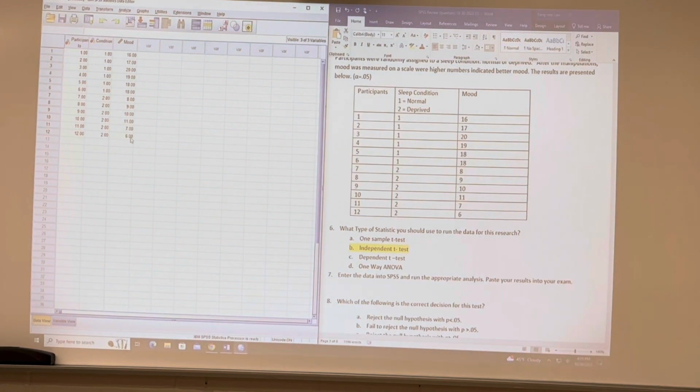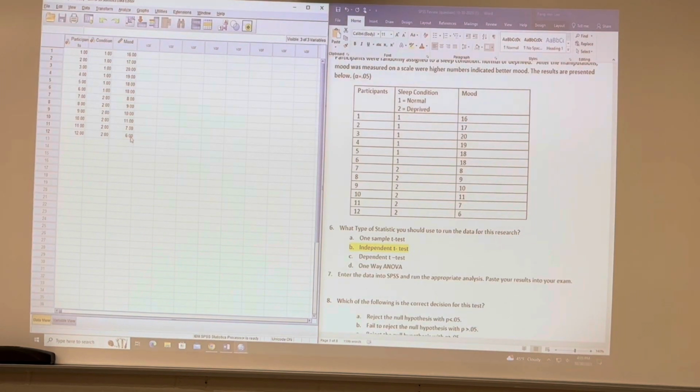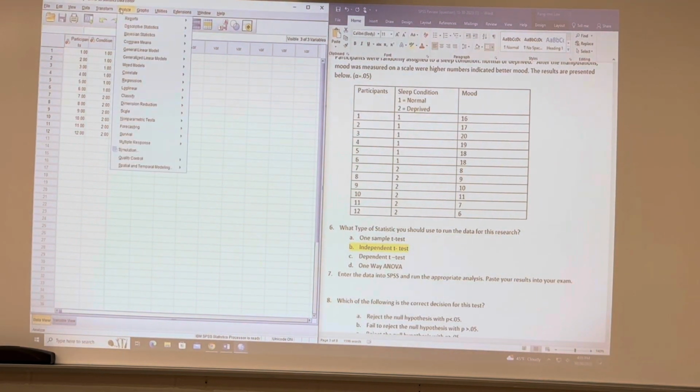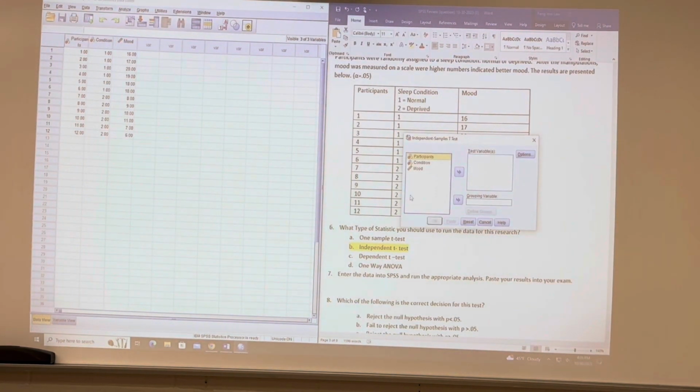Okay, and then double check to see if your data is correct, it's the same. Okay, so now let's go to compare means again, independent. Now never put participant anywhere here. Okay, so again, which one goes to test variable?